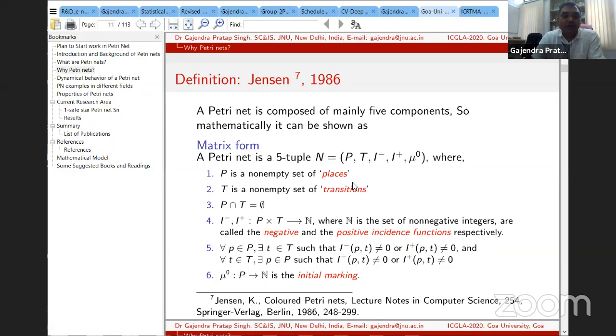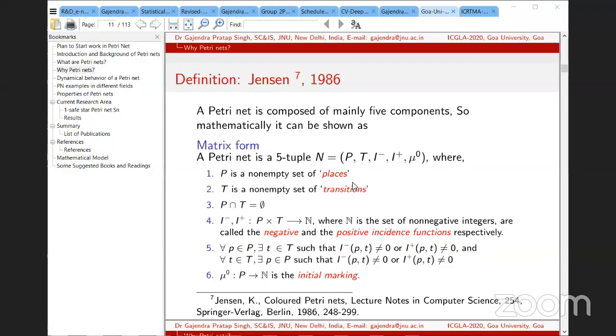P is a non-empty set of places, T is a non-empty set of transitions, and their intersection is empty. I minus and I plus are functions from the Cartesian product of places and transitions that assign a natural number including zero, and are known as the negative and positive incidence functions.